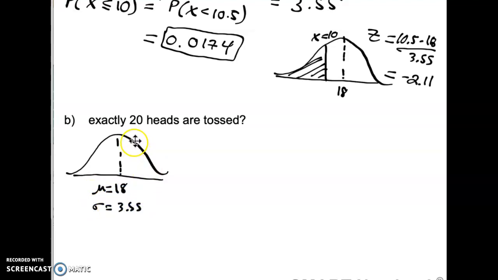Okay, we want exactly 20. So I'm going to just draw the little bar here. If we want it to round to 20, the two x values that we're going to use are going to be 19.5 and 20.5.